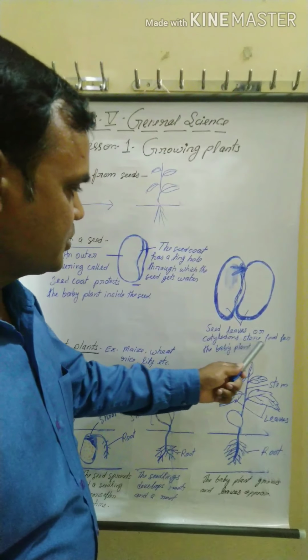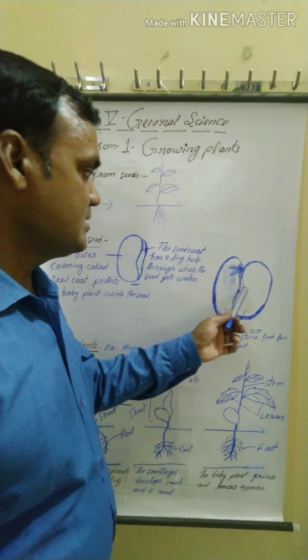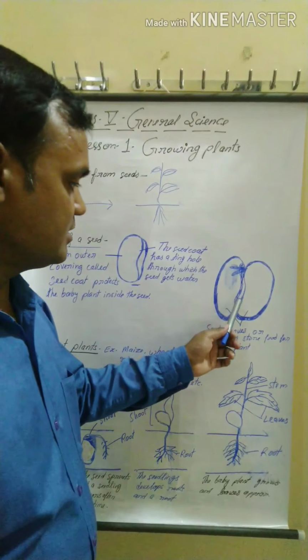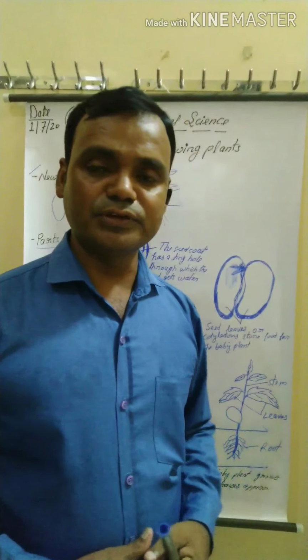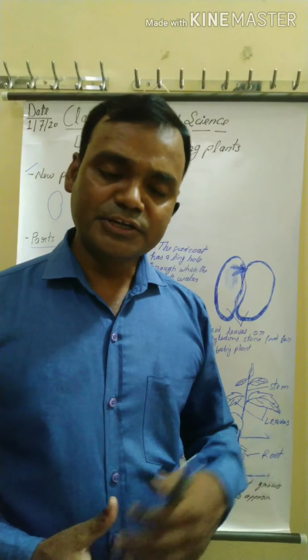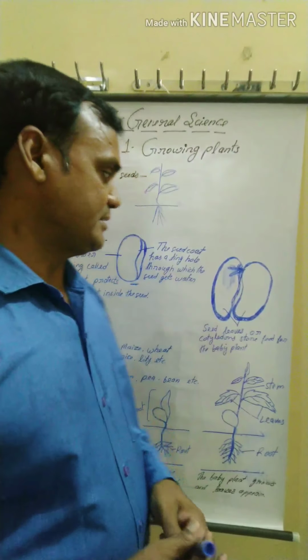Cotyledons store food for the baby plant, and this stored food is used by the baby plant during seed germination.